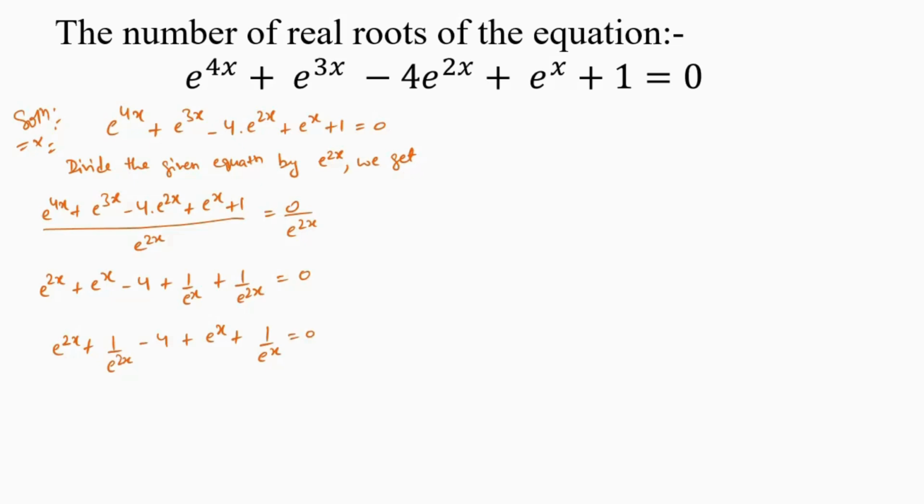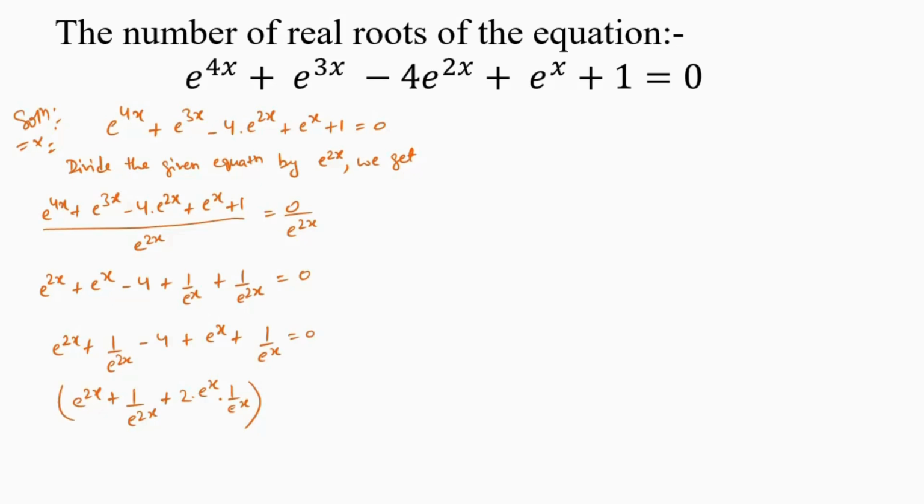Now we can rewrite this equation as e raised to the power 2x plus 1 over e raised to the power 2x plus 2 times e raised to the power x times 1 over e raised to the power x.